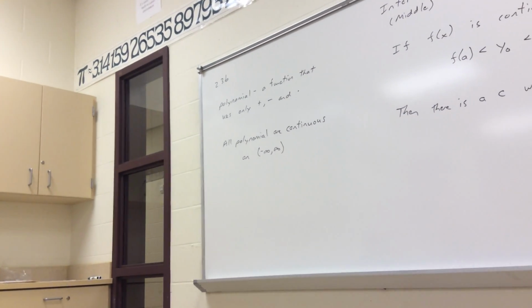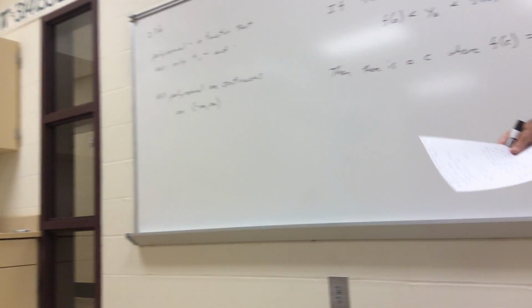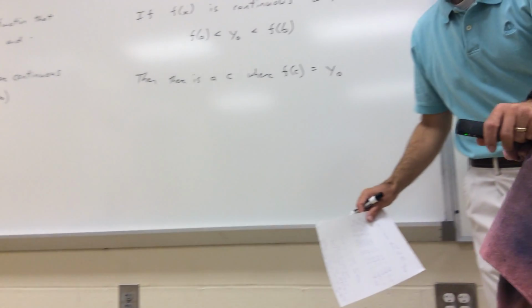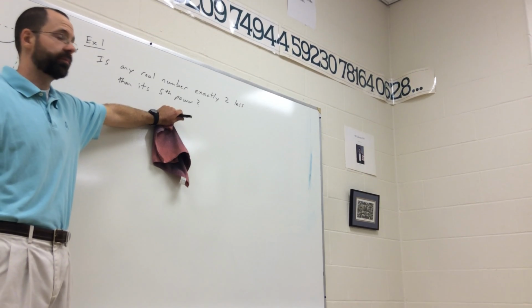So now we're going to do a problem that involves the intermediate value theorem. But at first, it's not going to look like it's using that. So the question is, is any real number exactly 2 less than its fifth power?